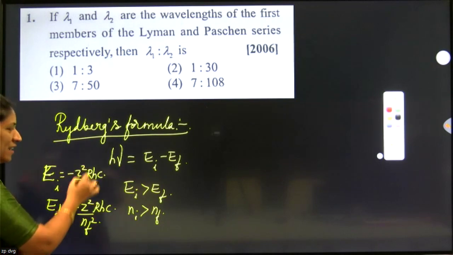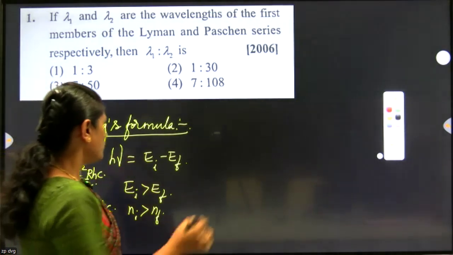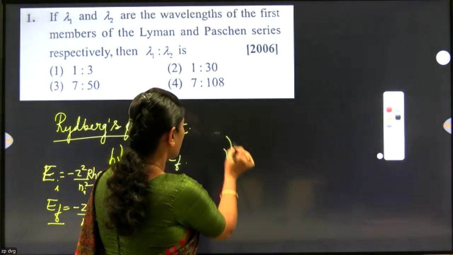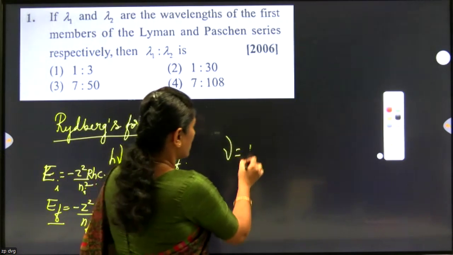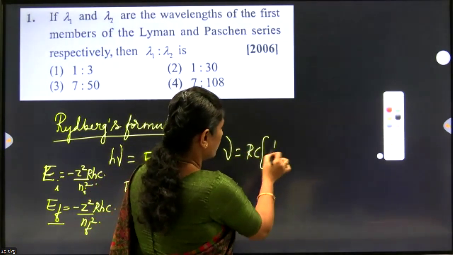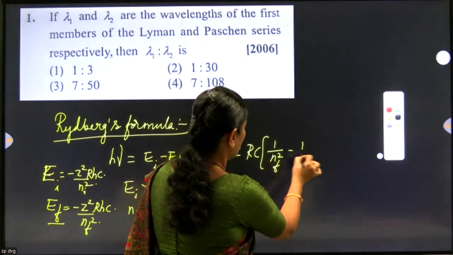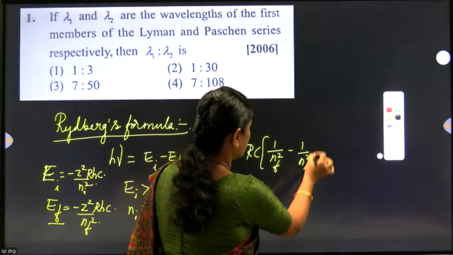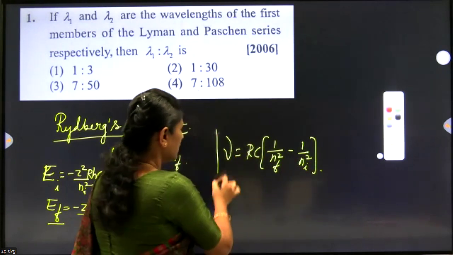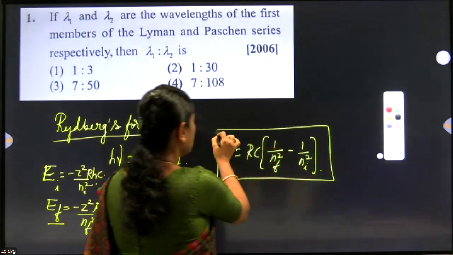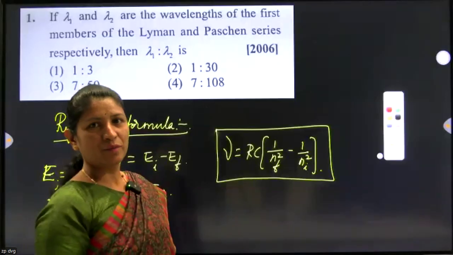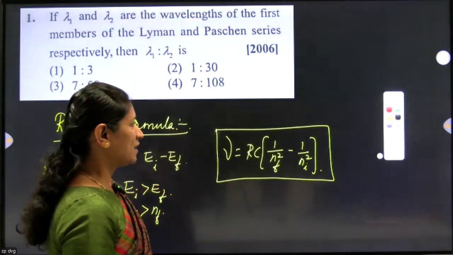On substituting these equations in h nu, we get nu equal to RC into 1 by nf square minus 1 by ni square.